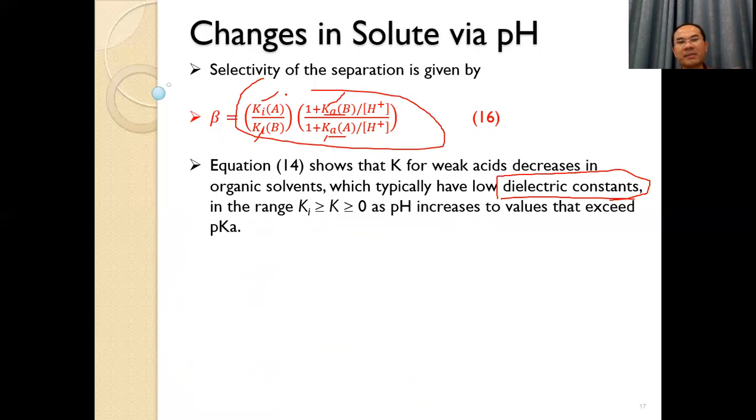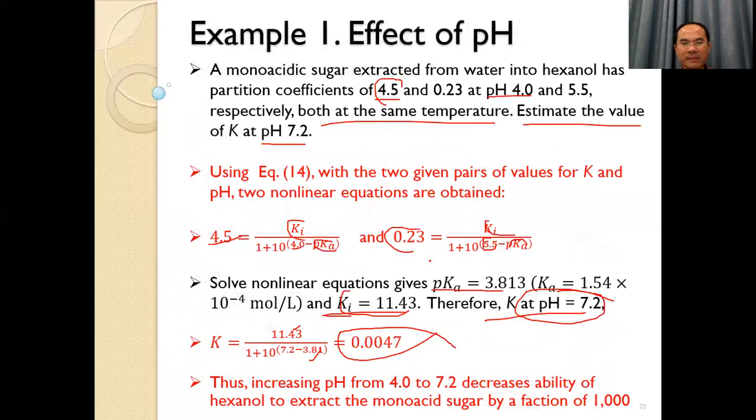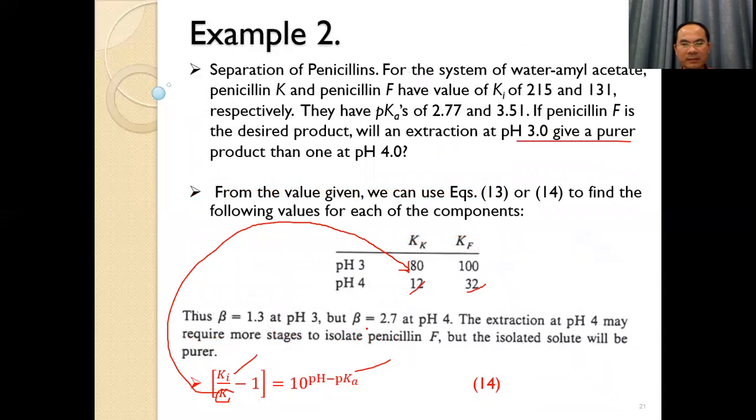Then you substitute this and you can calculate beta is 1.3 at pH 3 and 2.7 at pH 4. That's clear because at pH 4 the beta value is higher than at pH 3. That means we can separate penicillin F better at pH 4 than at pH 3, it is easier to separate at pH 4.